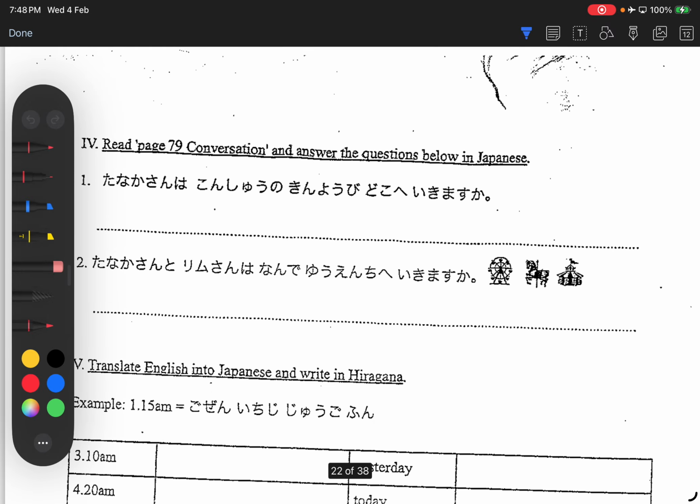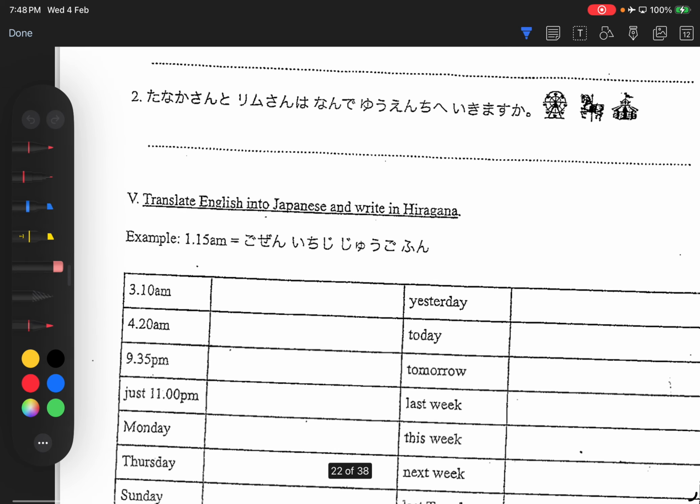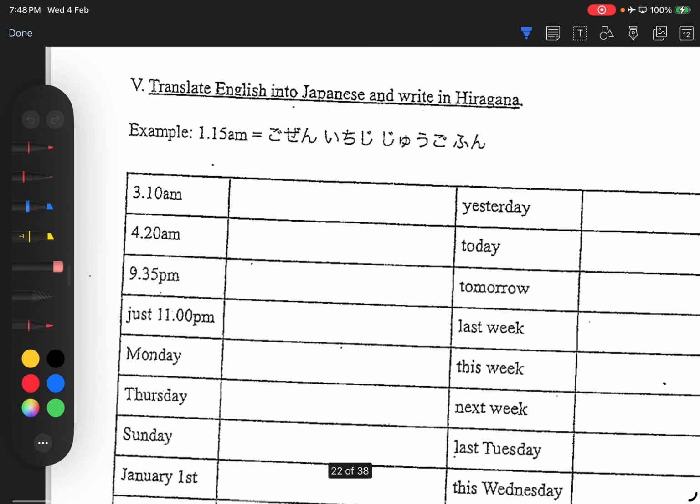We will have reading comprehension in our quiz lah. It's only 4 questions, sorry, 5. Very easy one lah. Literally just plug and paste only. Okay? Number 5, the table.